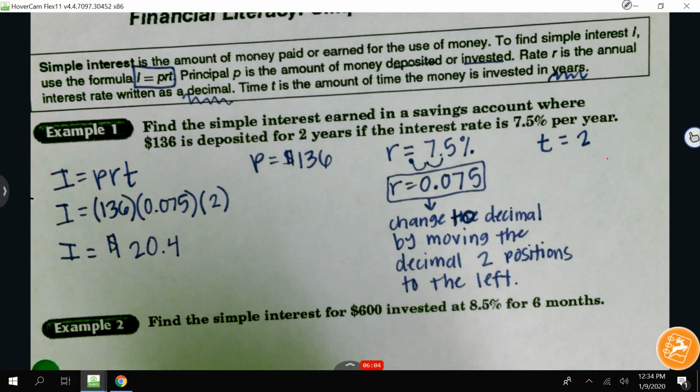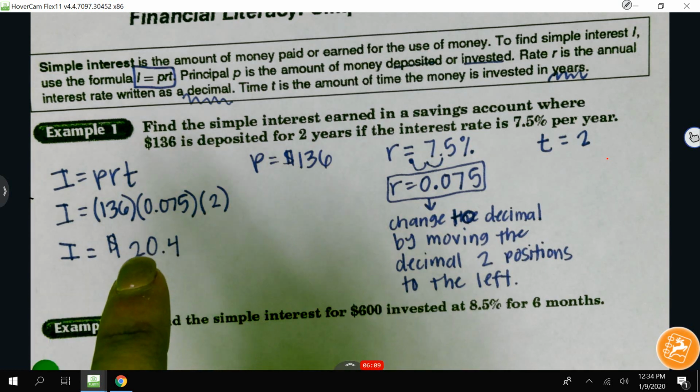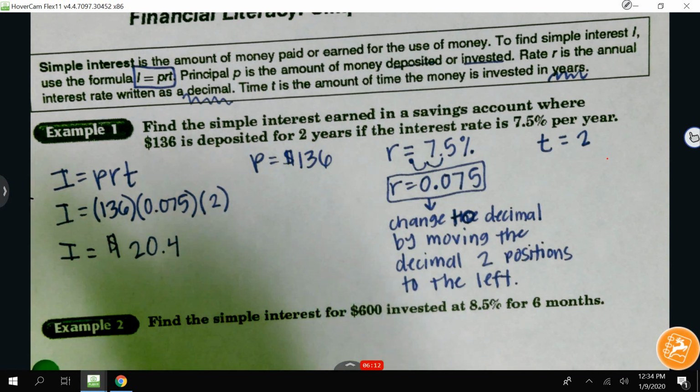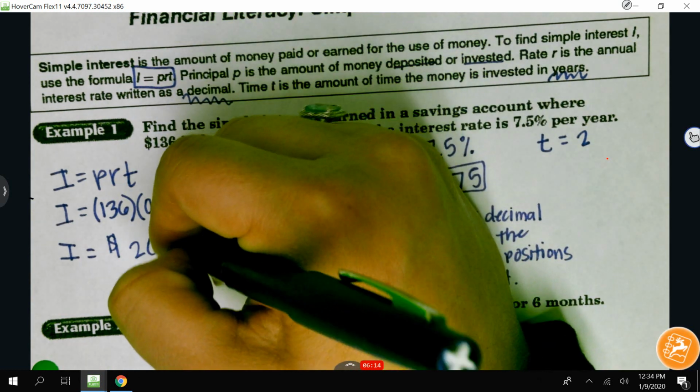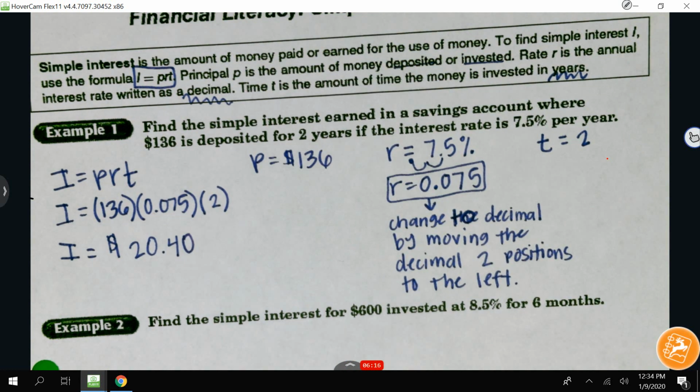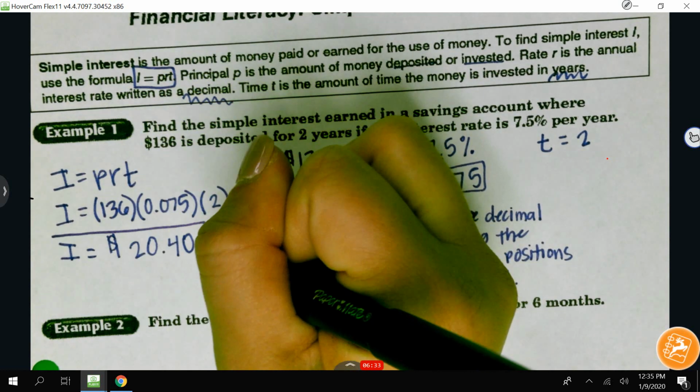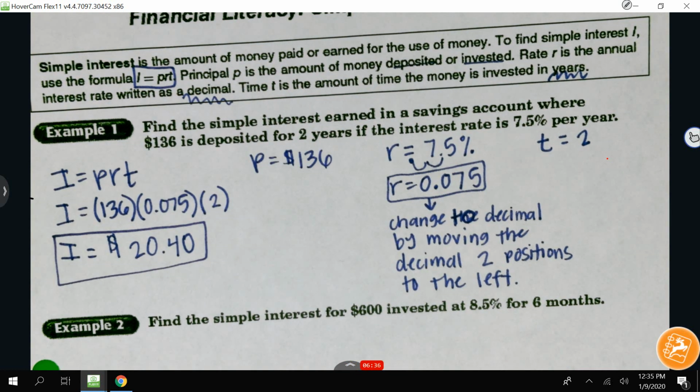Is this $20.04 or is it $20.40? So you have to add a 0 to it. If your calculator doesn't give you the 2 decimal places, you've got to add that 0 there. It's money. We know how money is written. You don't go to the store and see just 20.4 on the price tag. So that is your answer. Questions on what we just did?